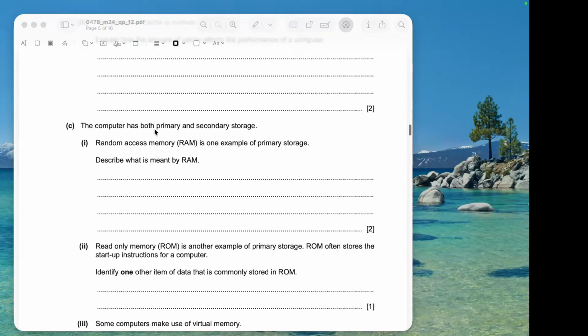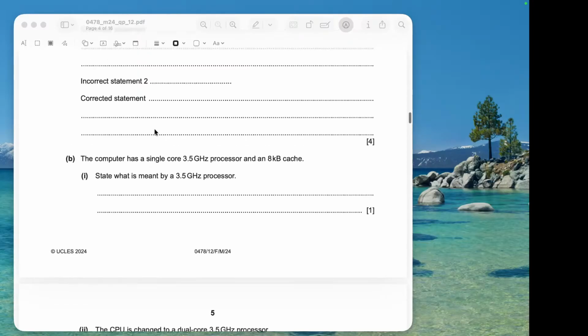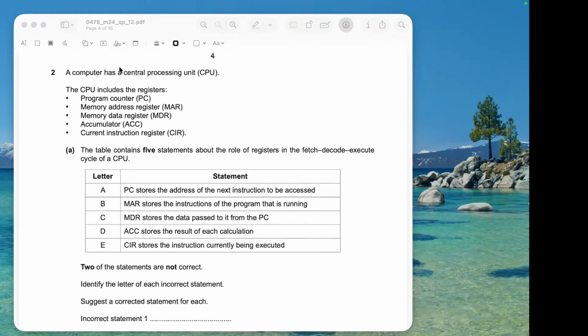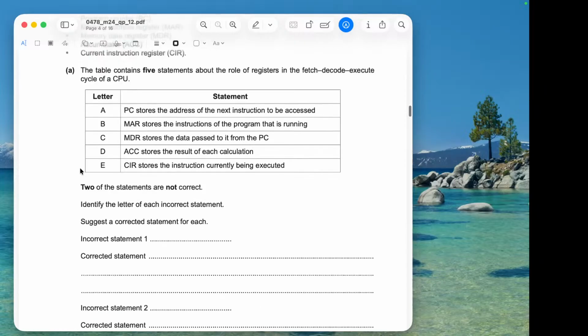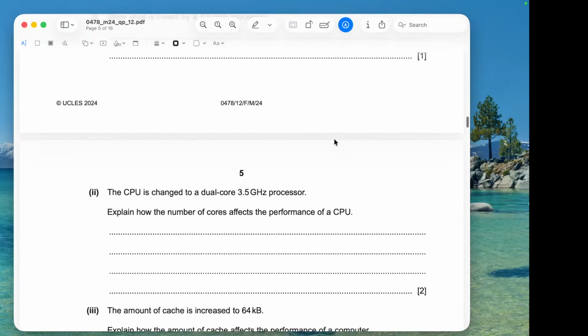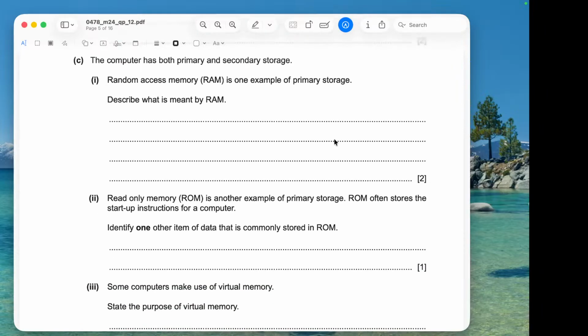If you remember, we were looking previously at a bit of von Neumann architecture, and we answered this question here in the paper. It's the March 2024 paper. We did this one here, all about von Neumann and cores and processes and cache, and now we were up to question C. The computer has both primary and secondary storage.